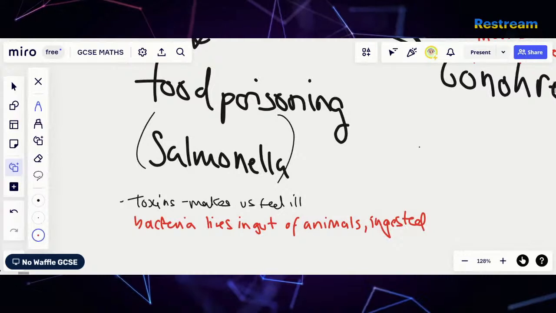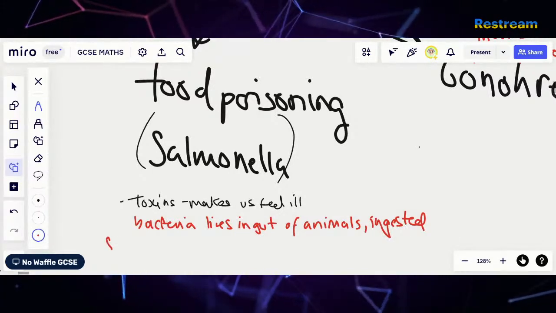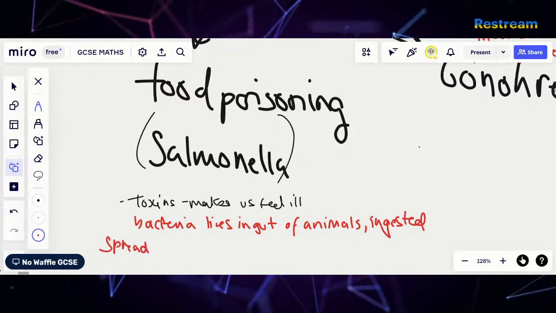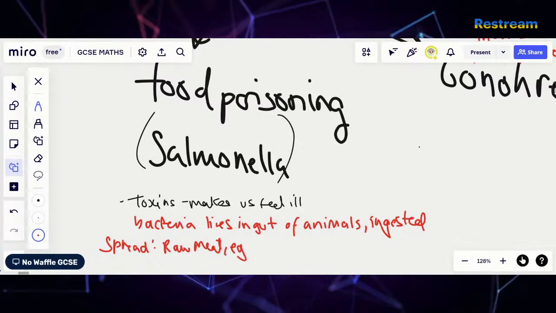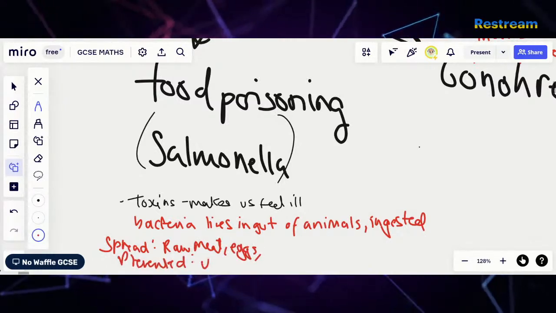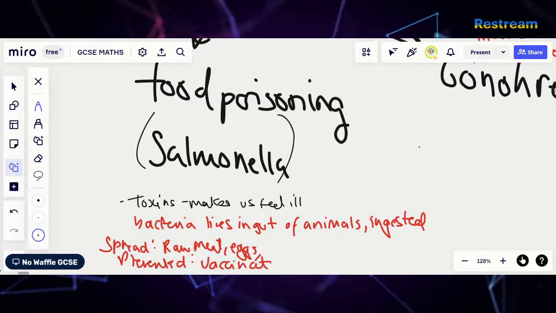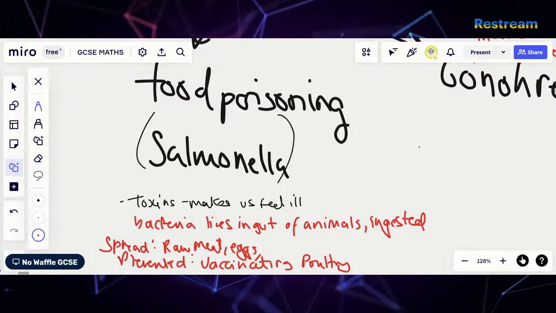And it can be prevented via vaccinating poultry against it so that we're less likely to have it.